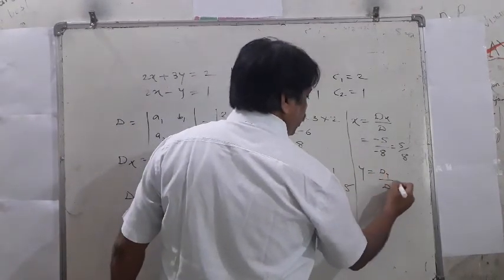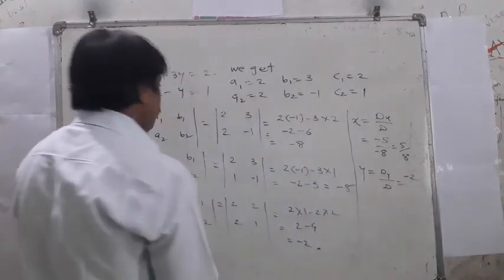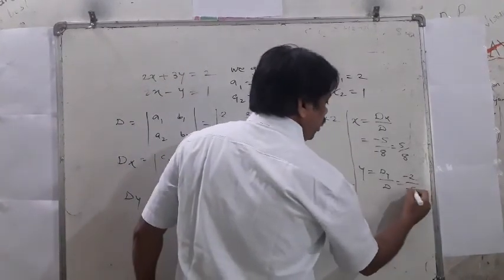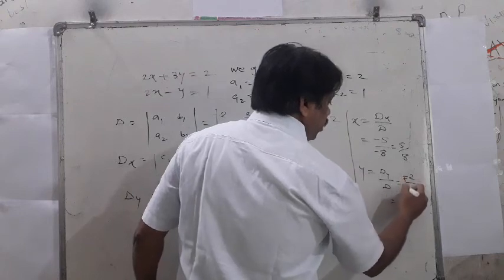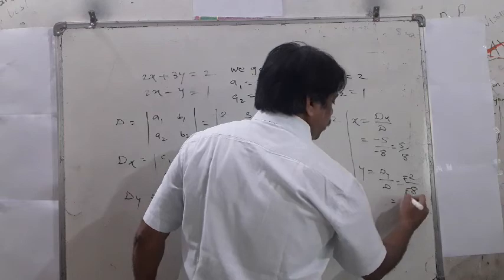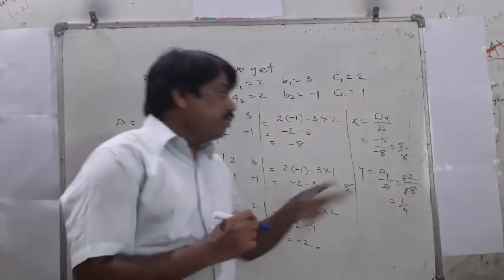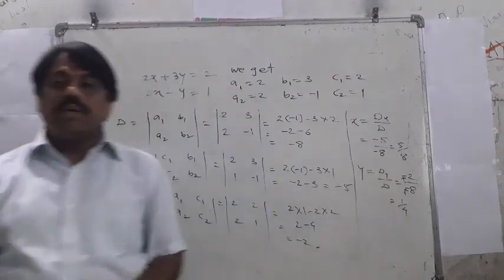What is the value of dy? It is -2. And what is the value of d? It is -8. And therefore negatives cancel. 2 ones are 2, 2 fours are 8. Therefore it will become 1/4. And the final answer is x is equal to 5/8 and y is equal to 1/4.